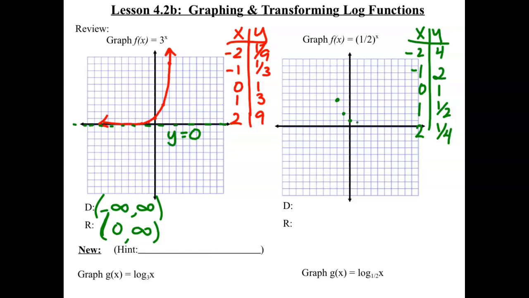Then down to a 1/2 and down to a 1/4. So again, it's that exponential decay shape. Do we still have an asymptote at 0? So y equals 0 is our horizontal asymptote. Domain is everything again, but range is everything above 0.